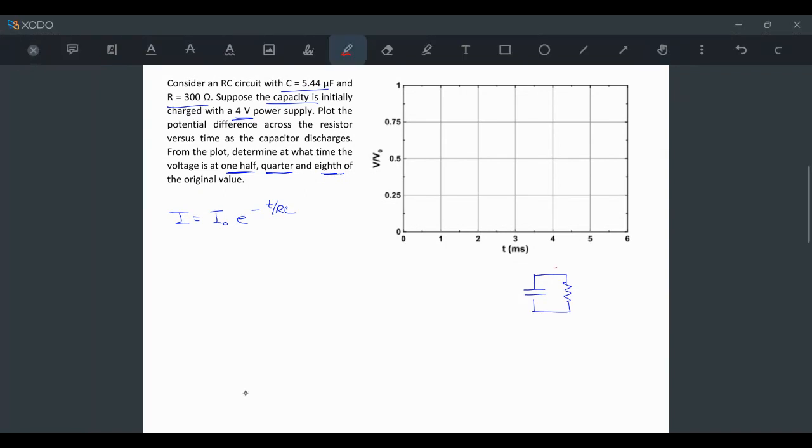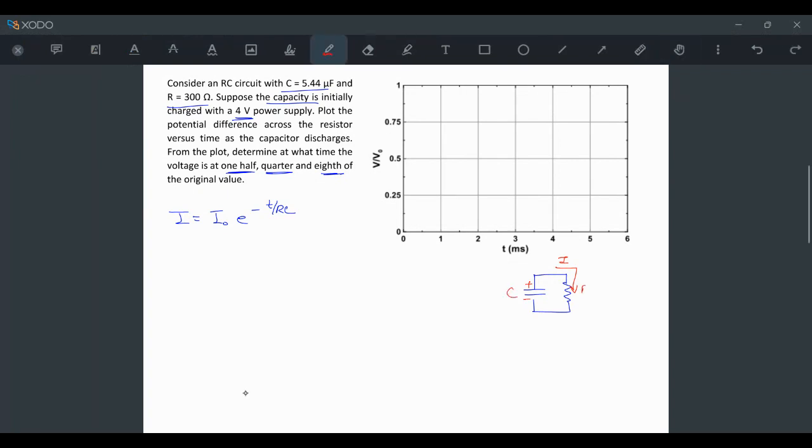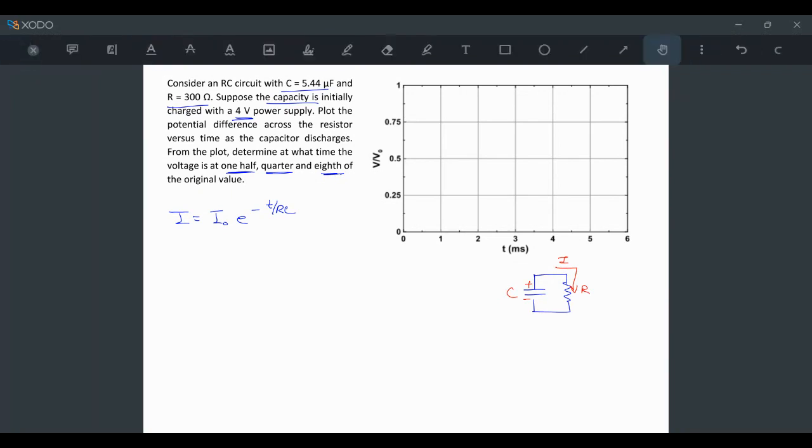And what we want to plot is, assuming that this is the positive and the negative plate, we have a capacitor and a resistor, so we're fully labeled now. The resistor is an ohmic material. If there's some current passing through it, then we can use that with Ohm's law to figure out what the potential drop is.